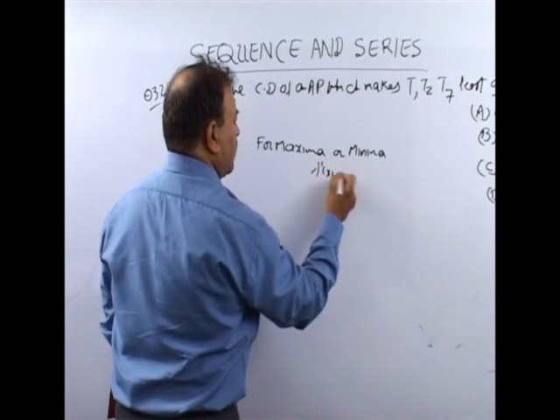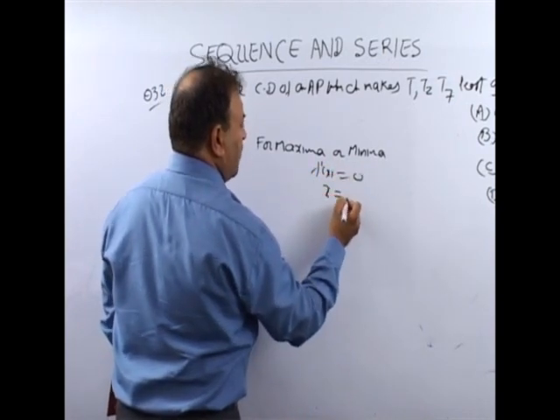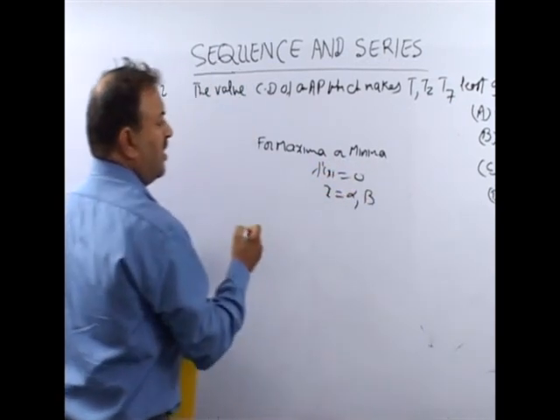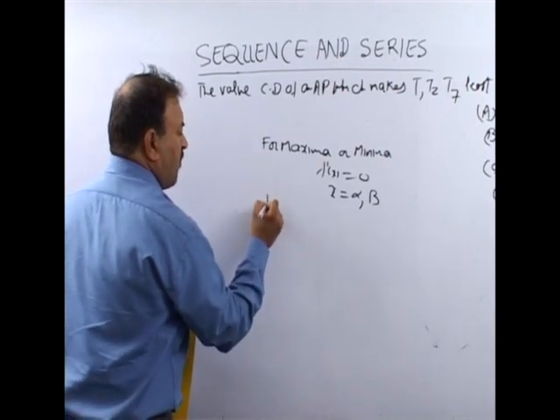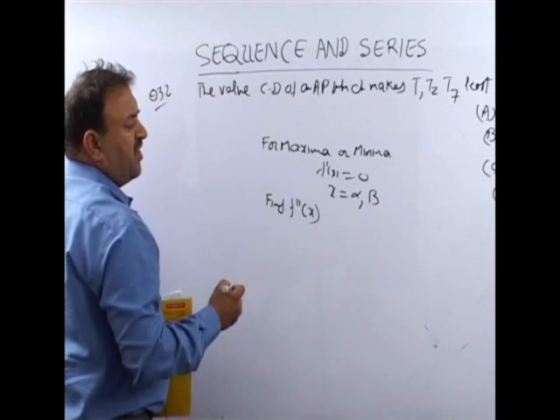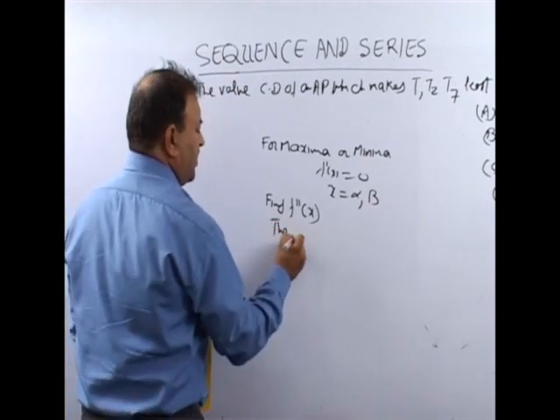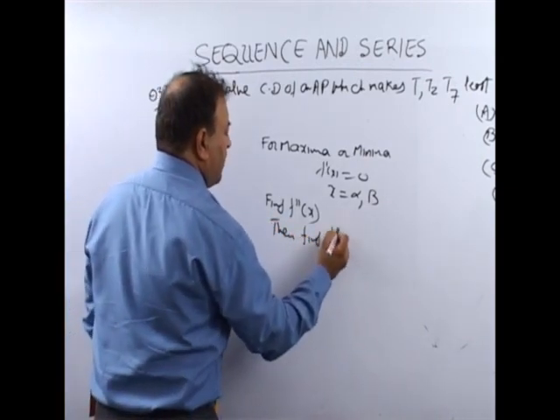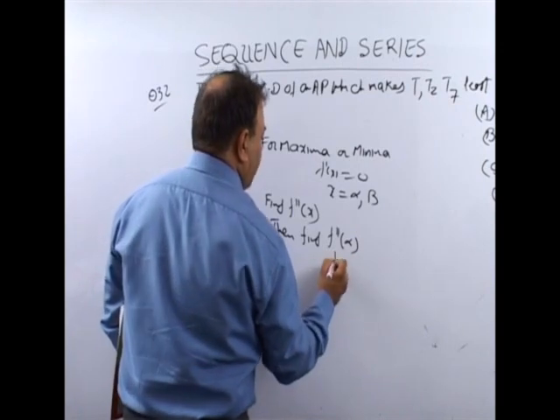f dash x is equal to 0, and x comes out to be, say, alpha and beta. Then we find f double dash x, that is f double dash alpha and f double dash beta.